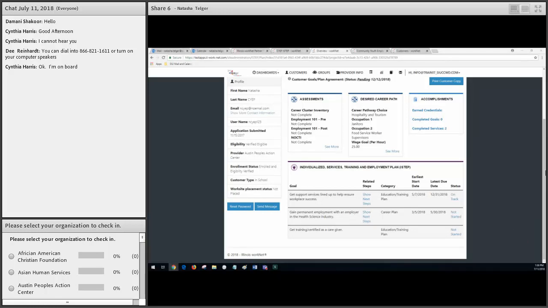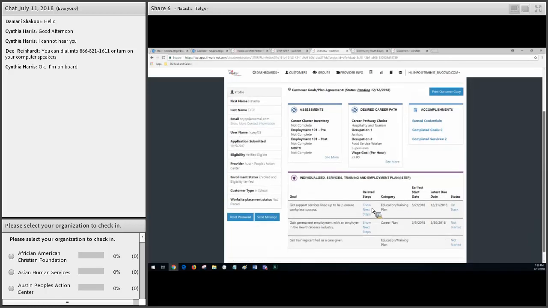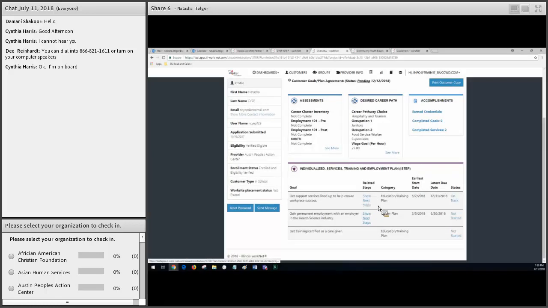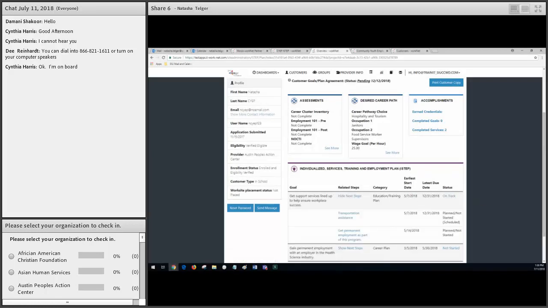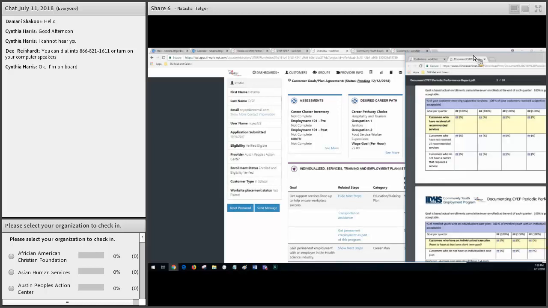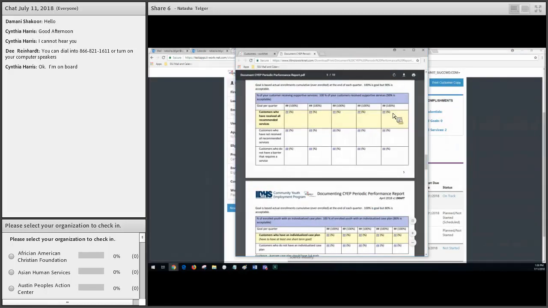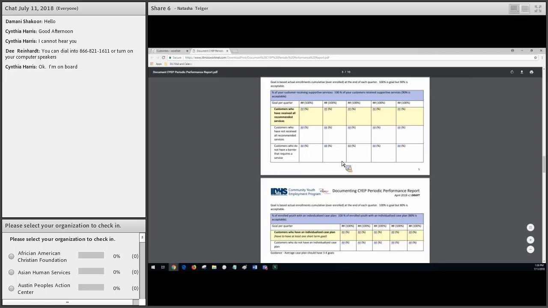Hey, can I clarify real quick too? The performance standard says 100% of youth requiring supportive services will receive those services. Acceptable performance is 90%. The idea is, though, that we assess all youth for a need for supportive services.